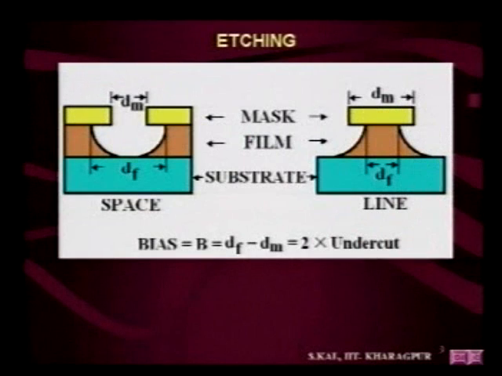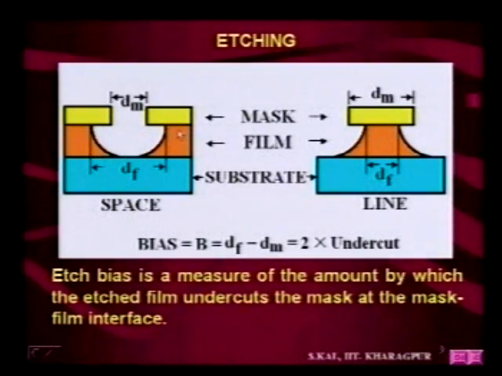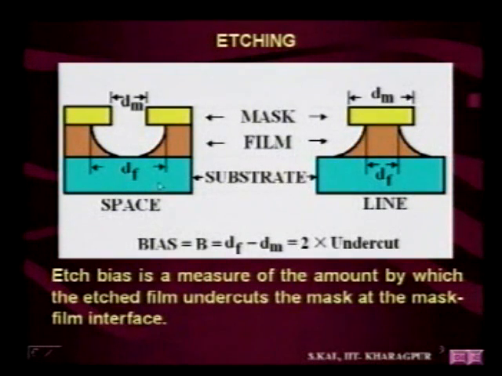Now, let us see what bias is. If you look at the diagram, the yellow region is the mask, and the saffron color is the film. That film may be silicon dioxide, and the light green color is the substrate material.